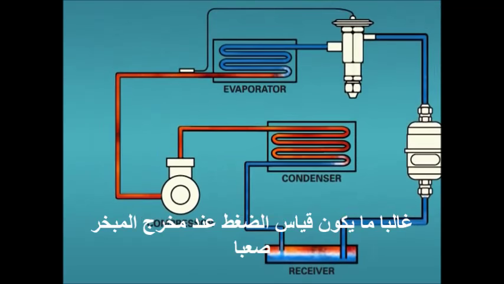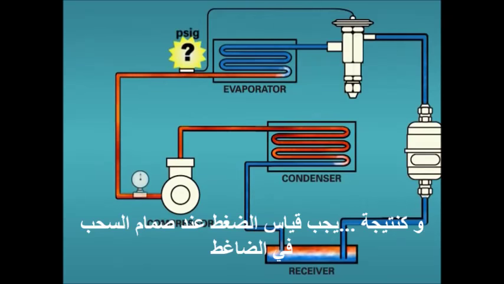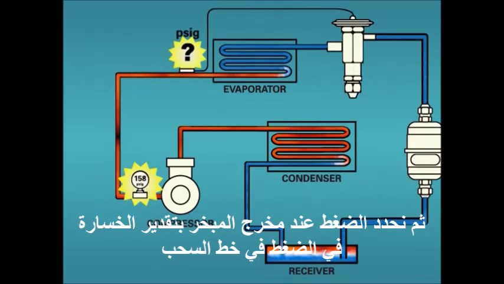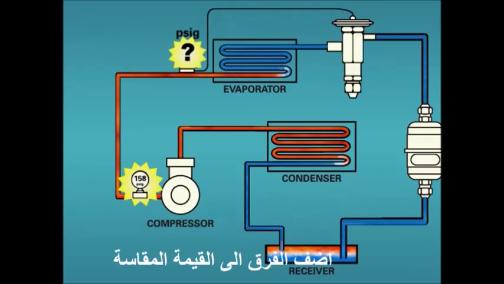It is often difficult to measure pressure at the outlet of the evaporator coil. As a result, the pressure must be taken at the compressor suction service valve. Then, to determine the pressure at the outlet of the evaporator, one must estimate the pressure loss in the suction line. Add this value to the pressure reading.